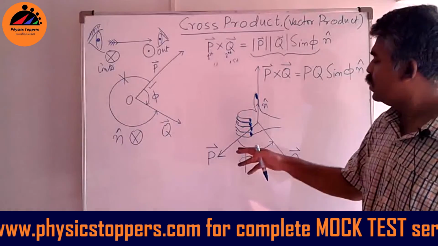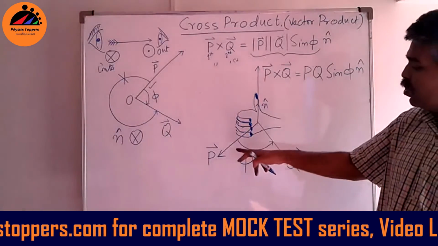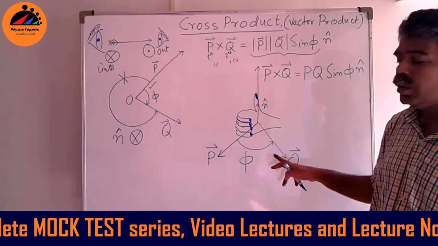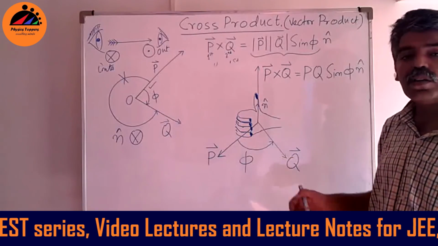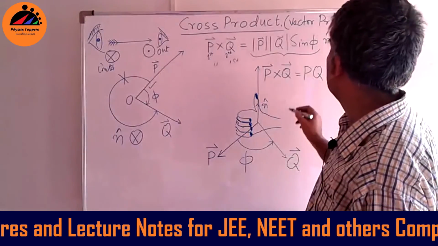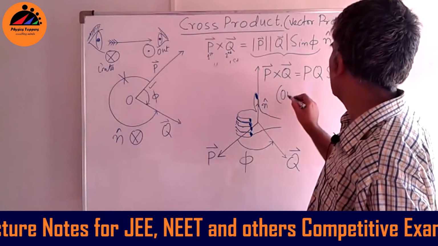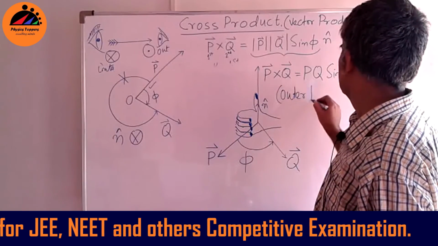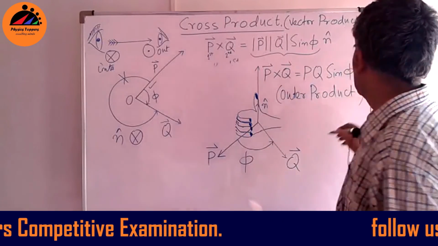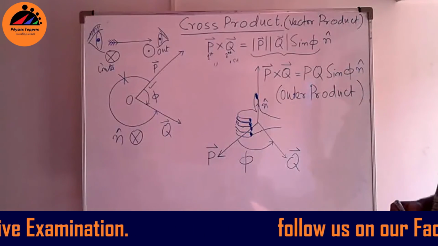You see, the resultant vector is not in the plane of P and Q. It comes out. So this is also called outer product.